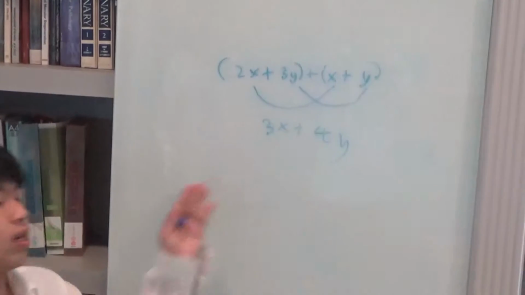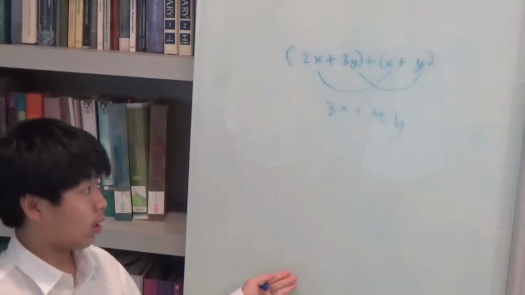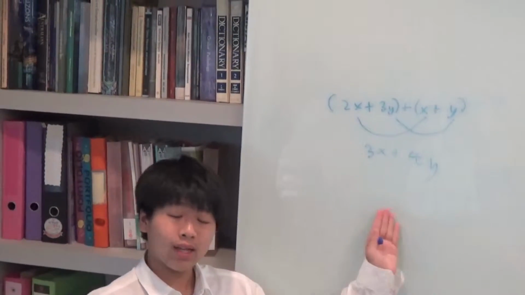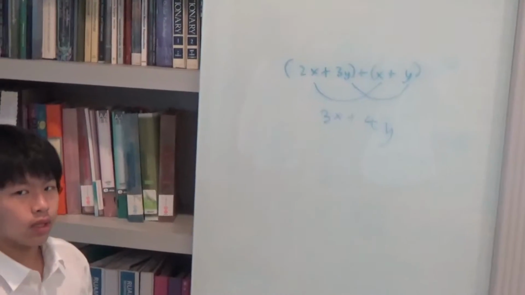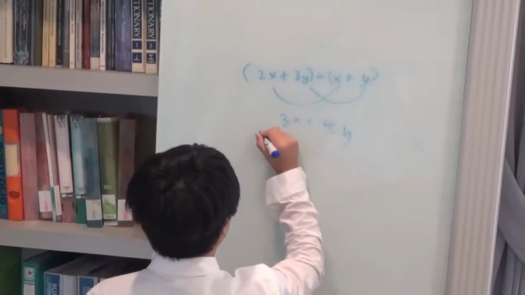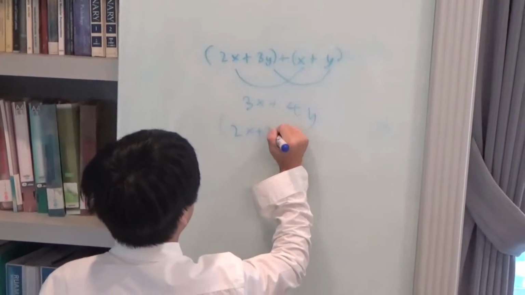Now, this is the answer in its simplest form, because x and y can't be combined since they are not like terms. Now, moving on to subtraction with the same problem, but changing the operation to a negative sign.